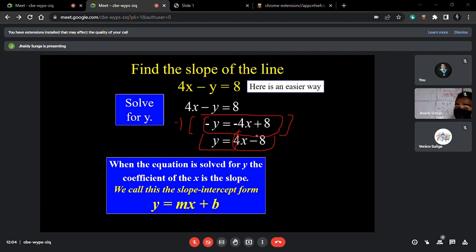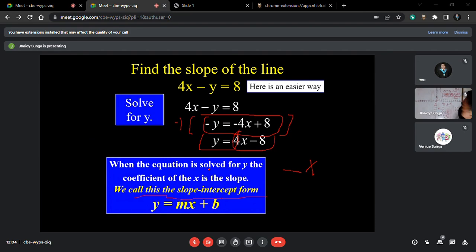Just as I said last time, this is our variable, and whatever number beside that variable is our coefficient. So when the equation is solved for y, the coefficient of the x is the slope. Alright, so we could say that it is slope-intercept form.